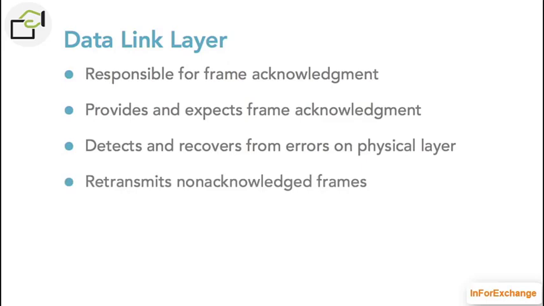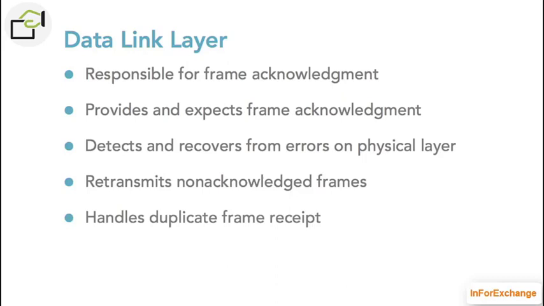One of the ways it can recover from physical errors is by retransmitting frames that it didn't get an acknowledgement for. Also, the Datalink layer can handle duplicate frame receipt. In other words, if a node was sent 2 frames that are exactly the same thing, the Datalink layer can eliminate one of the frames, thereby preventing problems further down the line.